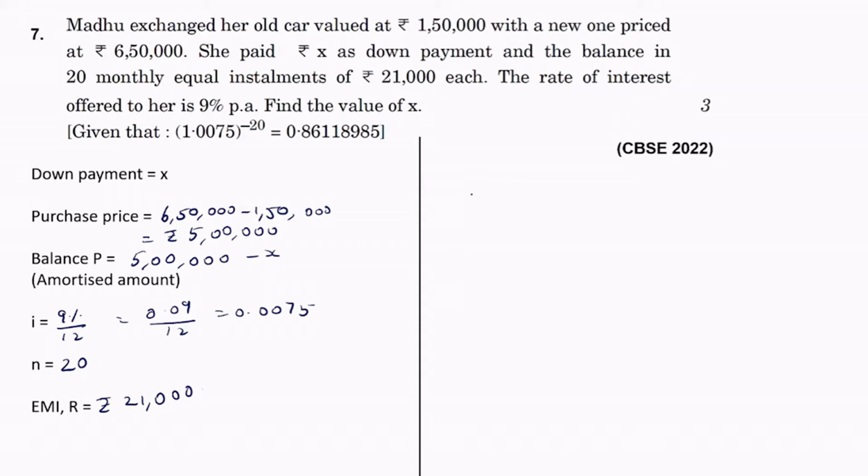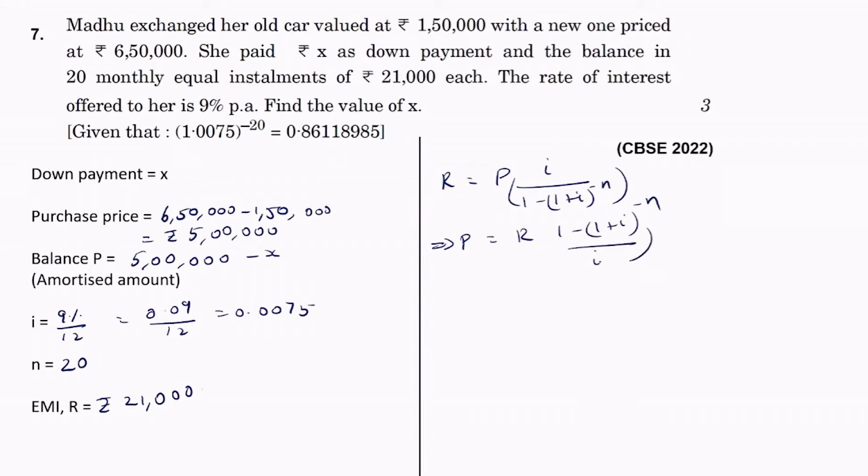Now we know that the EMI formula is given by R equal to P into I upon 1 minus 1 plus I the whole raised to minus N. So from this we have P equal to R into 1 minus 1 plus I the whole raised to minus N upon I, or it is 21,000 into 1 minus 1 plus 0.0075 the whole raised to minus 20 upon 0.0075.